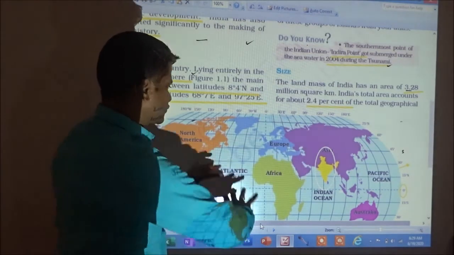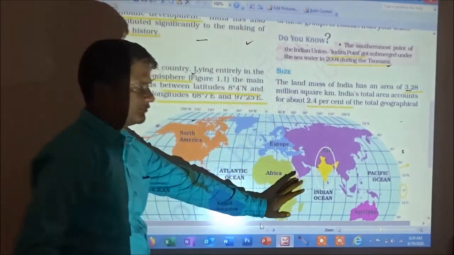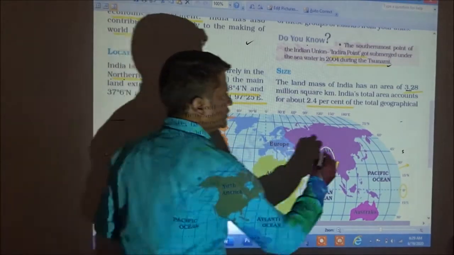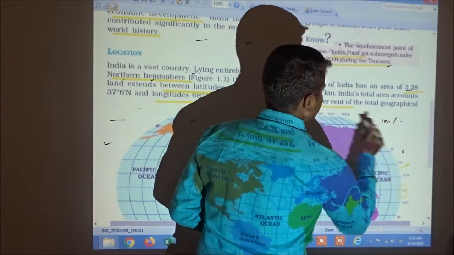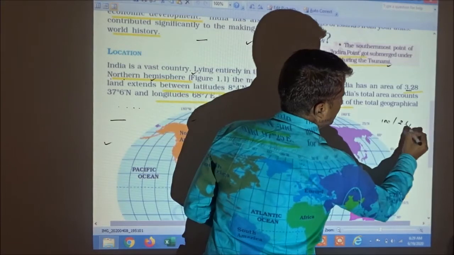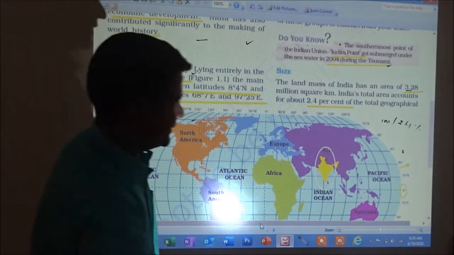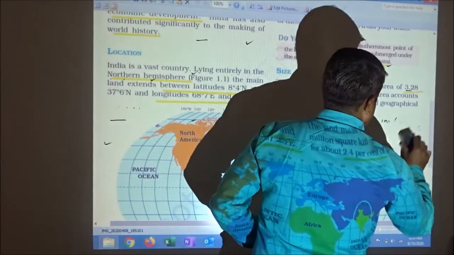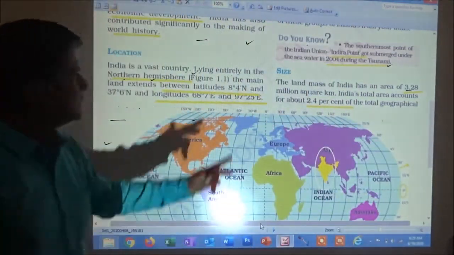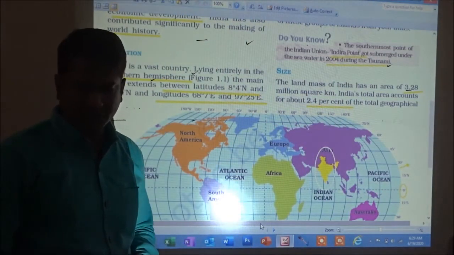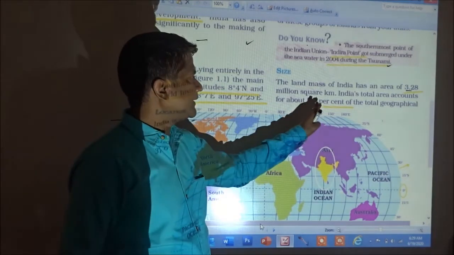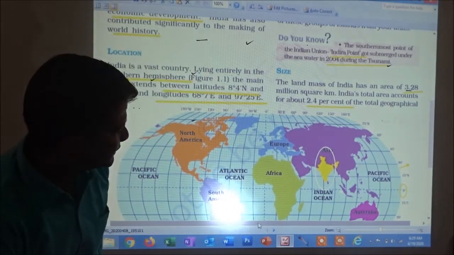And if we talk about the total geographical area of the world, India shares only 2.4% of it. So area wise 3.2 million square kilometers, and of the total geographical area only 2.4%.